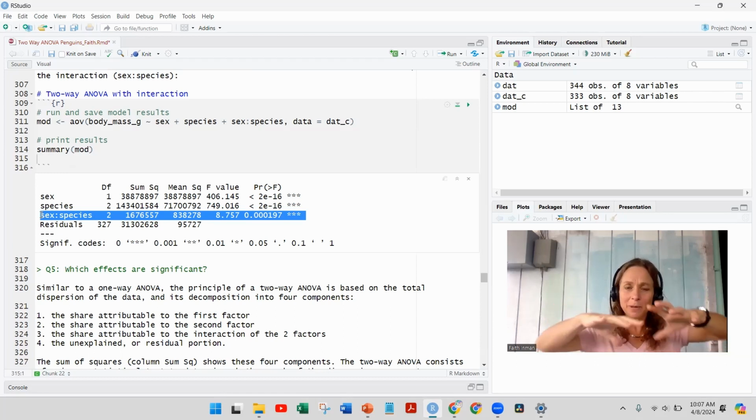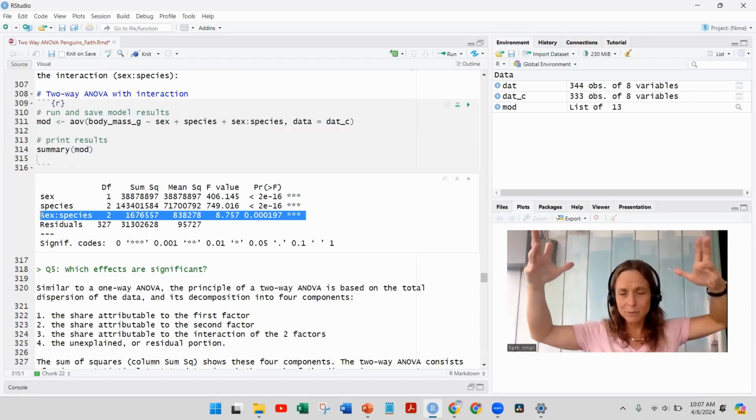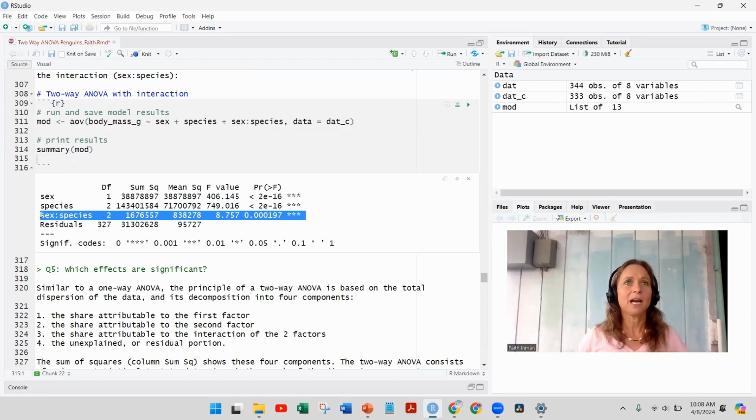If you look at a bunch of penguins, you've got all these three species, you've got both sexes, and you compared two of them, and one is bigger than the other, it might be that one of them is a male and a female of the same species and they're different.